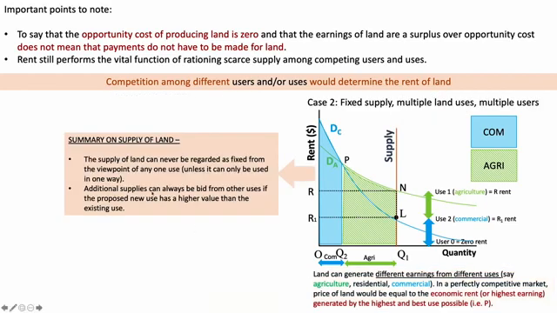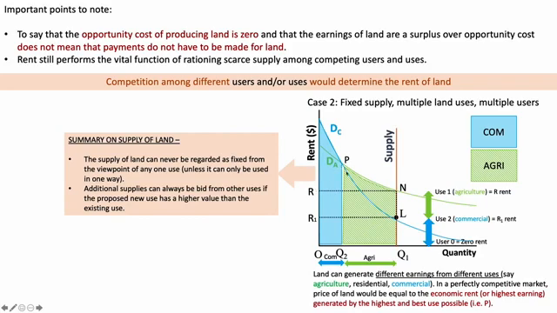So we are saying that additional supplies can always be bid from other uses if the proposed new use has a higher value than the existing use. In this case, if the demand curve for commercial had been higher to a certain extent, then it would have been economically beneficial to allocate additional land for commercial use.